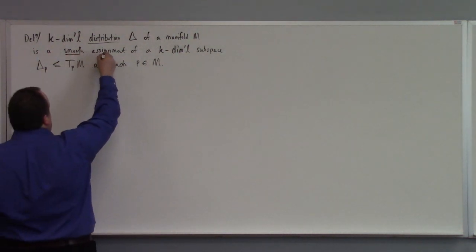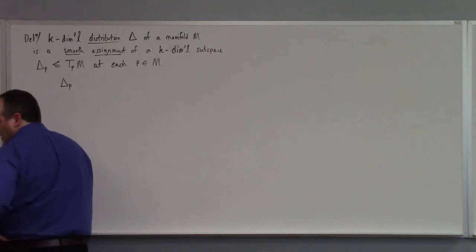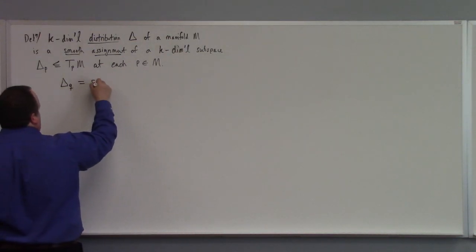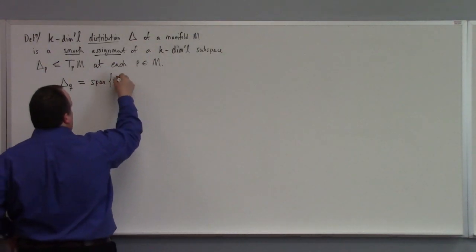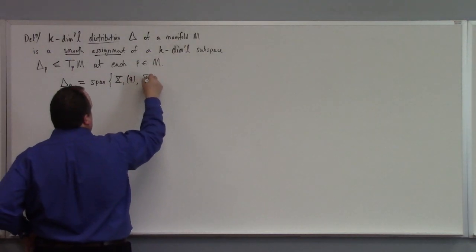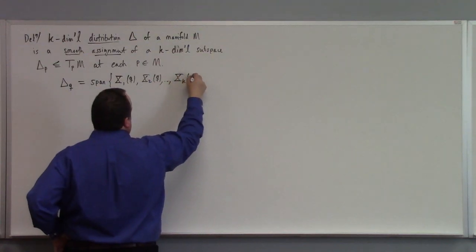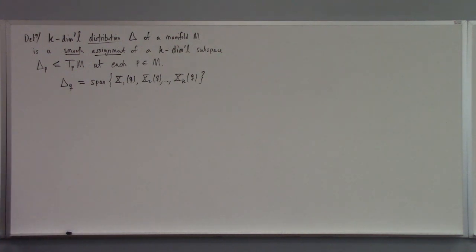What it amounts to is to say that delta sub Q is the span of X1 of Q, X2 of Q, up to Xk of Q, all right? So, let me read it again here. At every point Q in some neighborhood of P, delta sub Q is generated by k linearly independent vector fields.